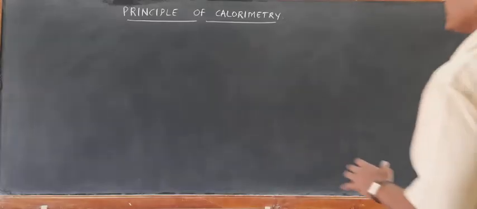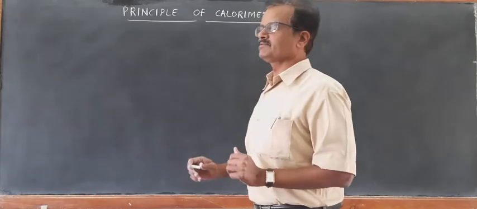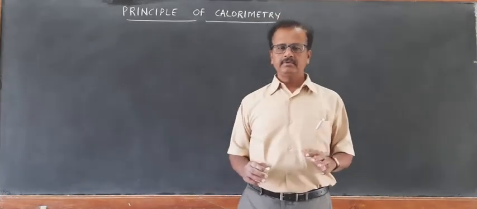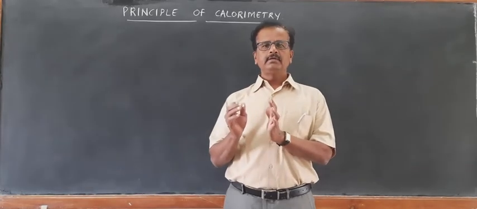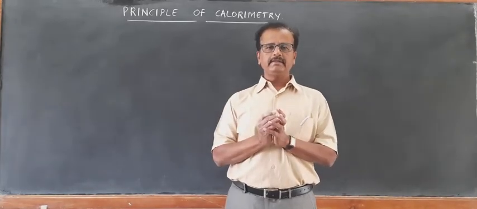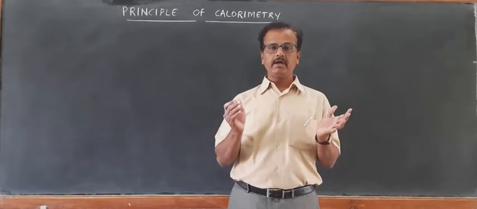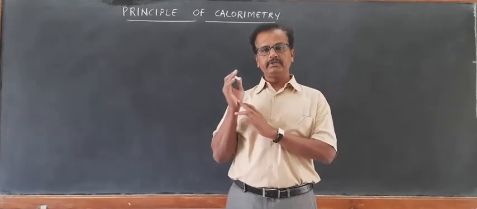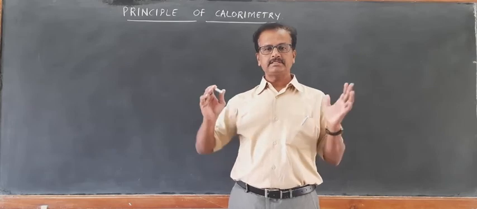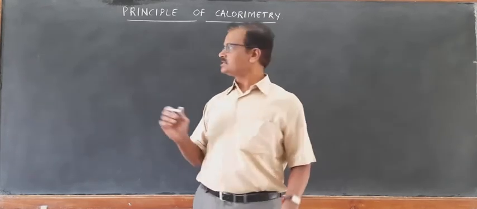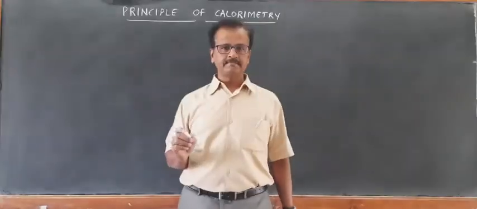In general, when a body at higher temperature is in contact with a body at lower temperature, heat lost by the body at higher temperature is equal to heat gained by the body at lower temperature until steady state is attained. This is called the principle of calorimetry.